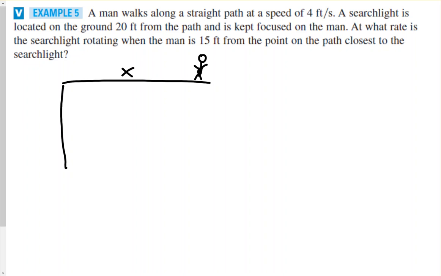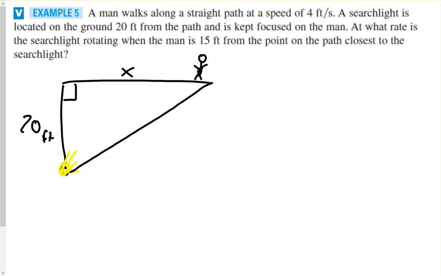So we have 20 feet, and here we have a searchlight. Okay, so we got a right triangle. The searchlight is on the ground 20 feet from the path and is kept focused on the man.